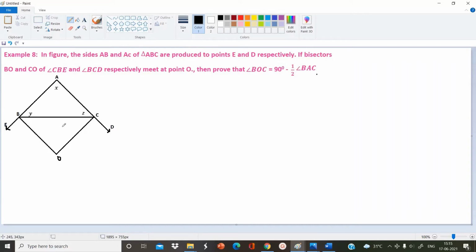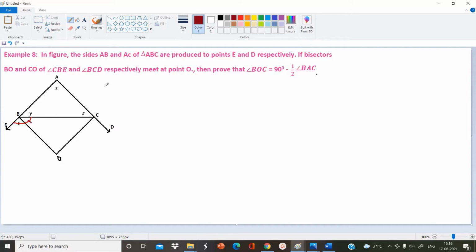Here angle CBE is the complete angle, and the BO line is bisecting this one, and these are equal.